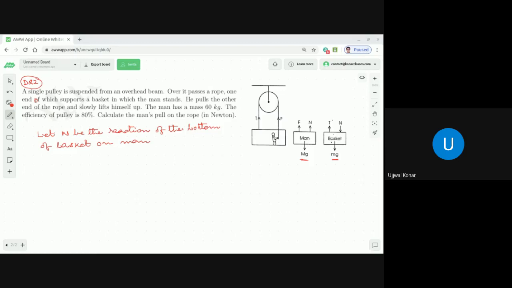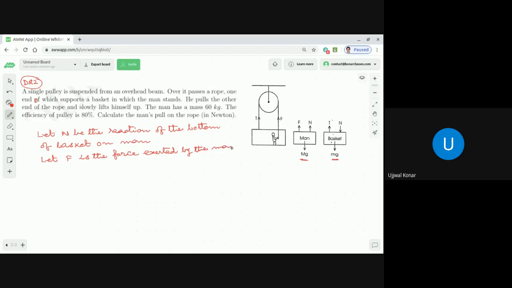And another thing we need to assume, let F be the force exerted by the man.